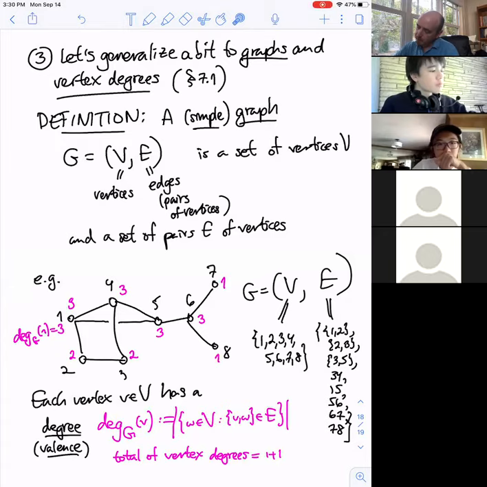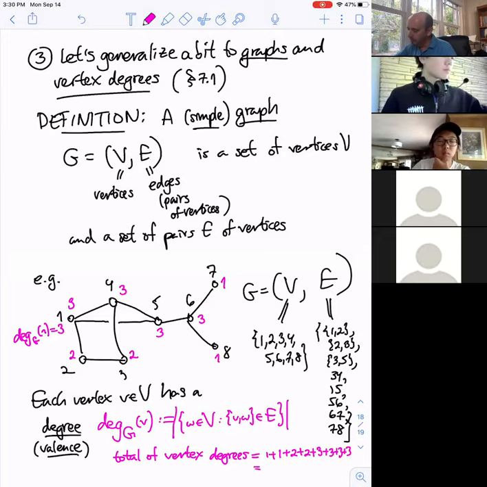We've got a couple of 2s, and then we got 4 3s. So let me write that down: 1 plus 1, a 2 and a 2, 3, 3, 3, 3. And that totals up to, let's see, 2 plus 2 plus 2 is 6 plus 12, 18. Everybody agree that the sum of the vertex degrees was 18?